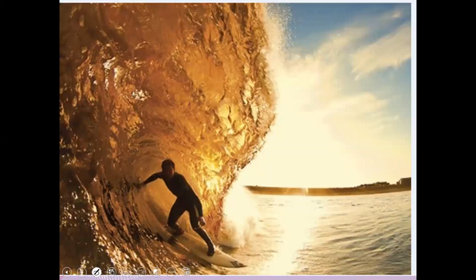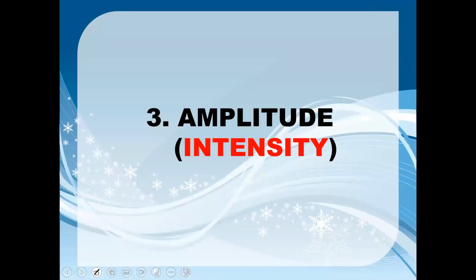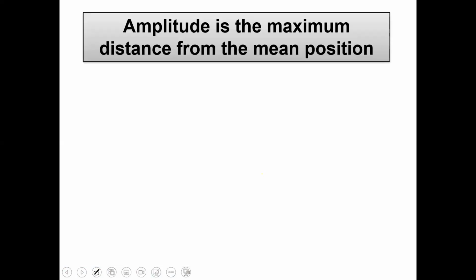It is the height of a wave. So after giving the heading amplitude, right under it, copy this: amplitude is the maximum distance from the mean position. Done.